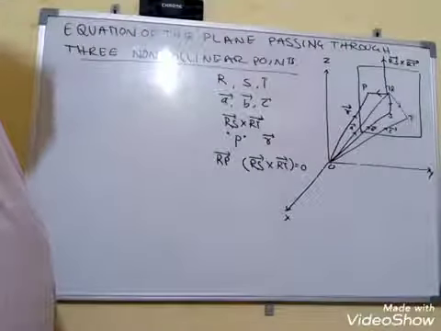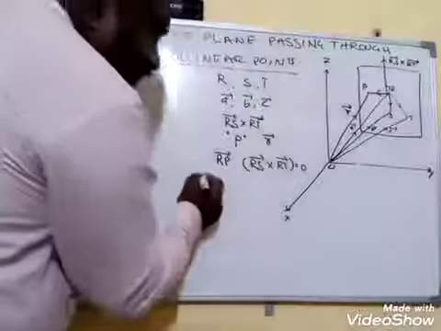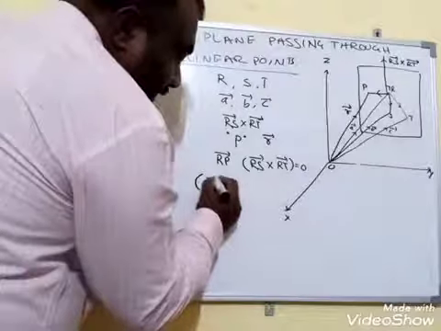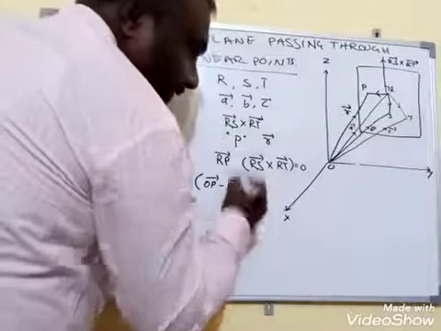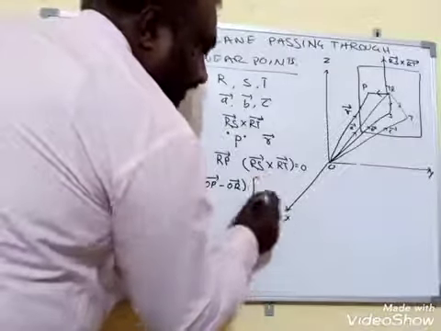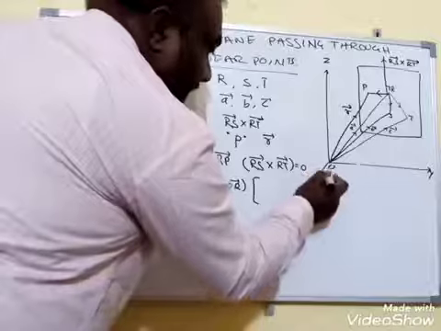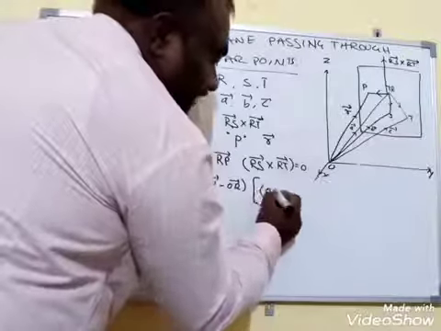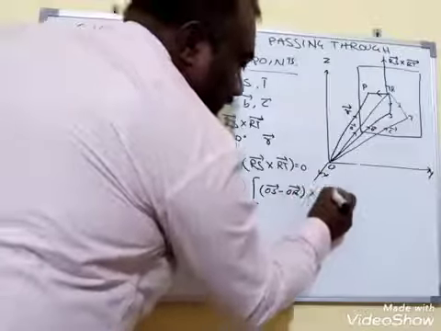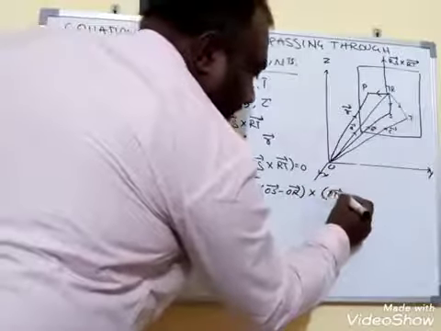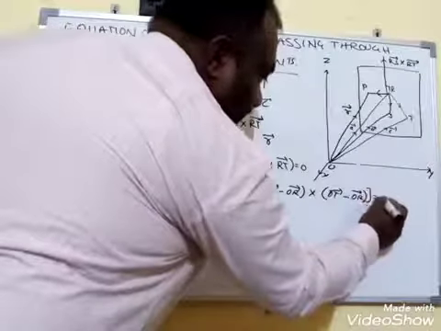Now what you got? What are the position vectors now? Here OP bar minus OR bar dot RS bar. RS bar you can write as OS bar minus OR bar, cross OT bar minus OR bar, is equal to 0.